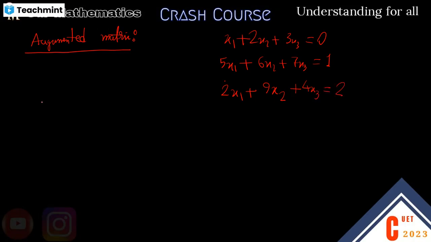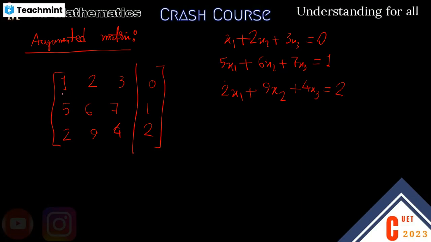Then how do we write the augmented matrix? We write the coefficients 1, 2, 3, and so on, the coefficient matrix. Then we put the augmented bar, and then we write the constants 0, 1, 2. After that we will try to make the elements 1 0 0 just like this, the way we do to find an inverse matrix, using row reduce operations.